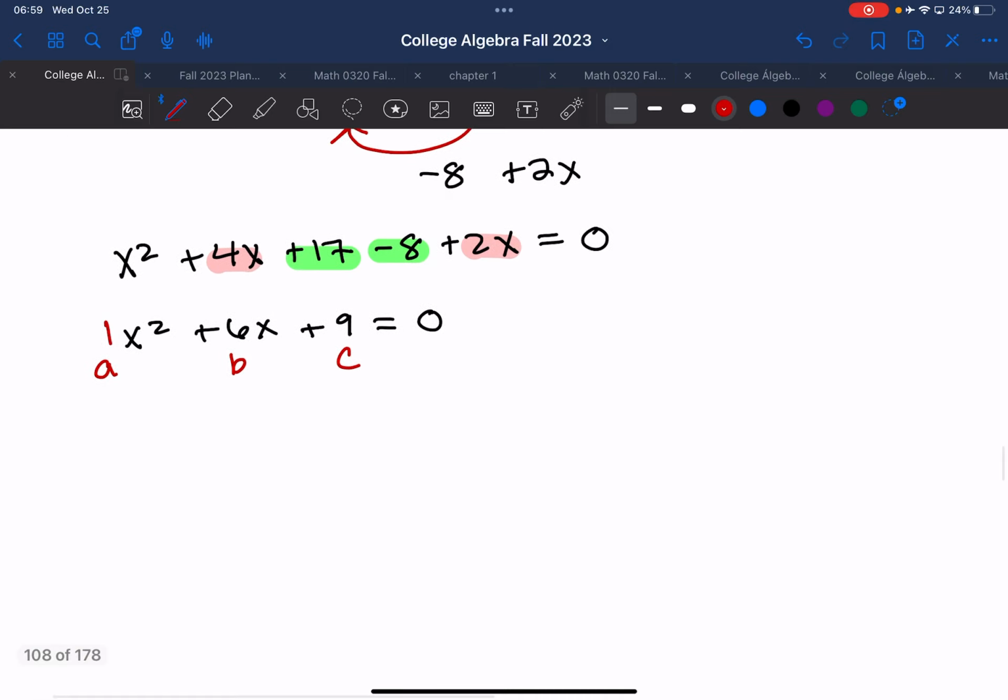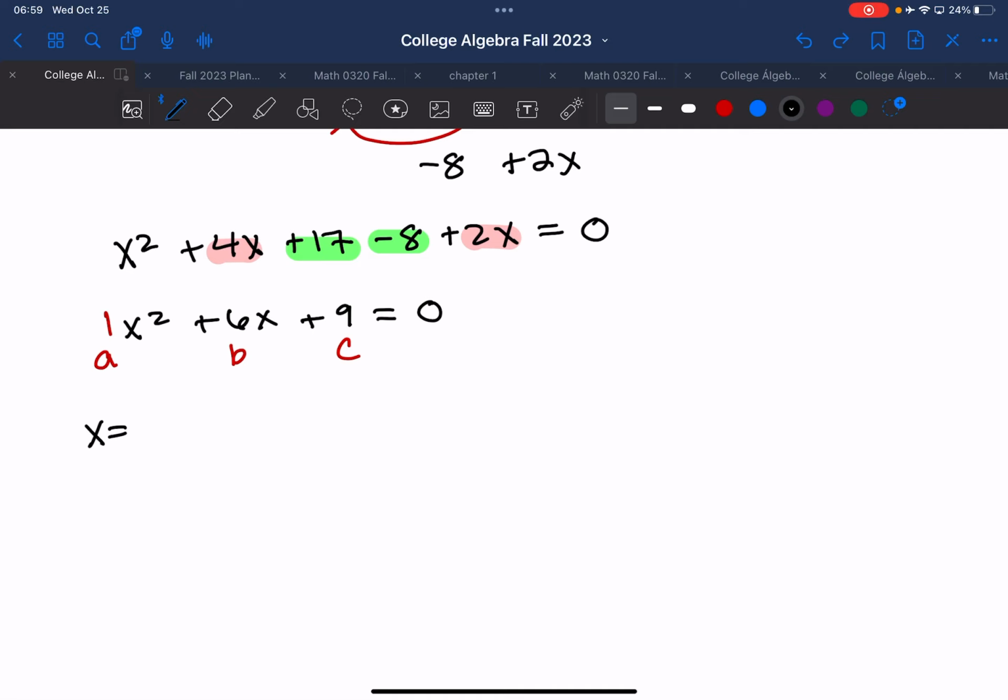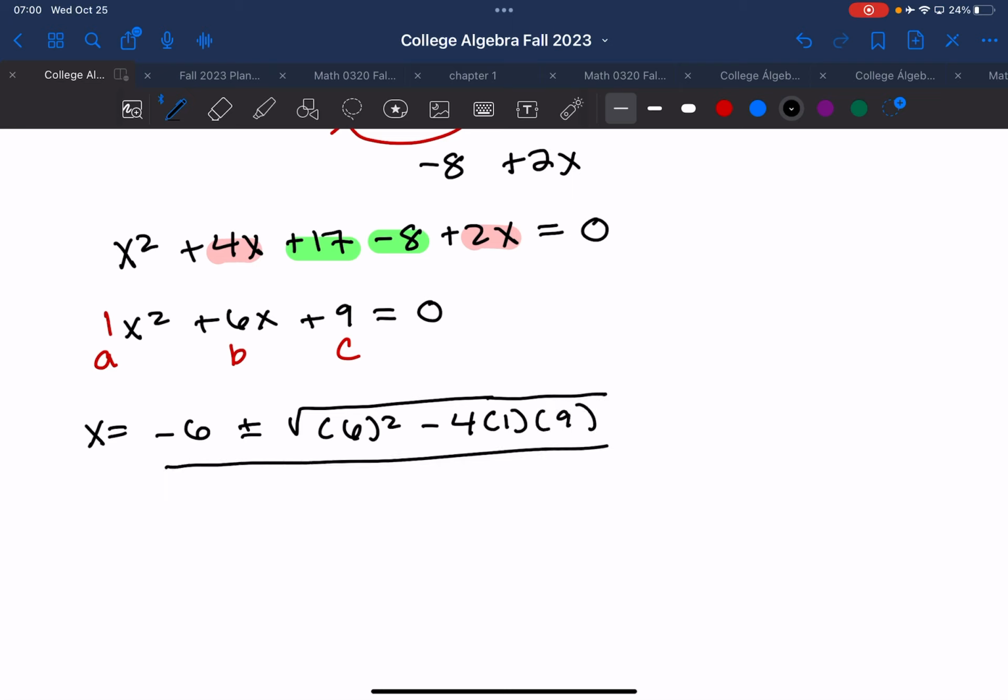So that means I have x is equal to negative b. So in this case, negative b is going to be what? Negative 6 plus or minus the square root of b squared, so 6 squared, minus 4 times a, which is 1, times c, which is 9, all divided by 2 times a, which is going to be 2.